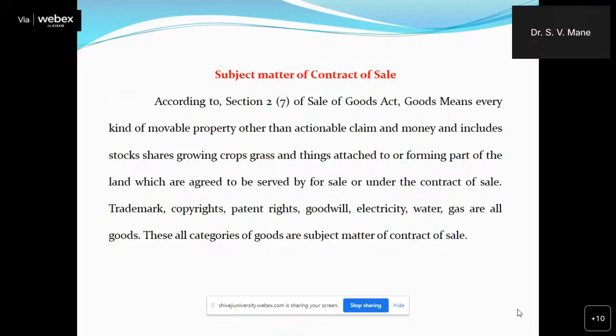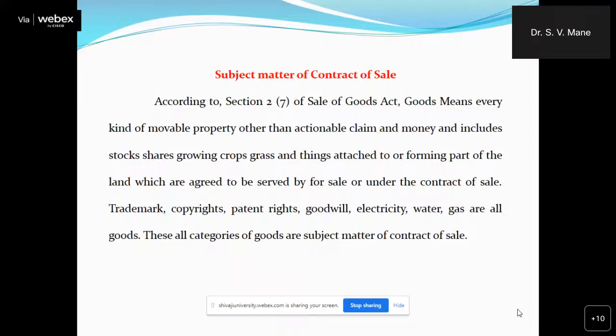Subject matter of contract of sales. According to section 2 subsection 7 of the Sale of Goods Act 1930, goods means every kind of movable property other than actionable claim and money, and includes stock, shares, growing crops, grass, and things attached to or forming part of the land which are agreed to be severed before sale or under the contract of sale.